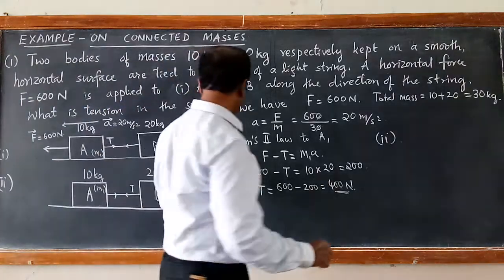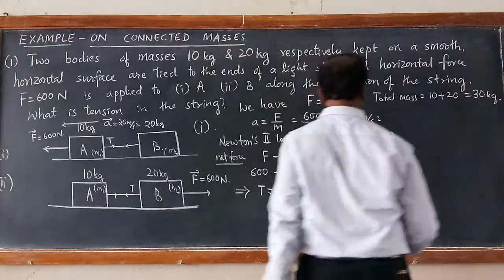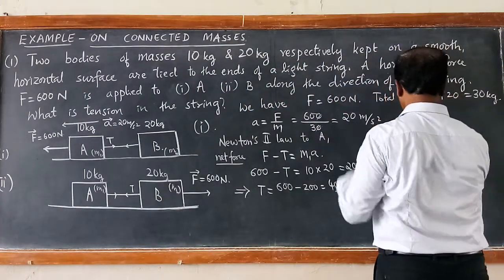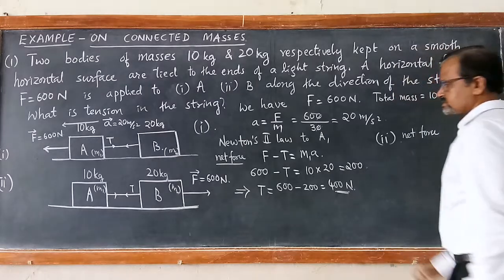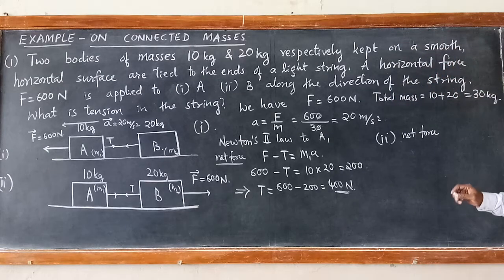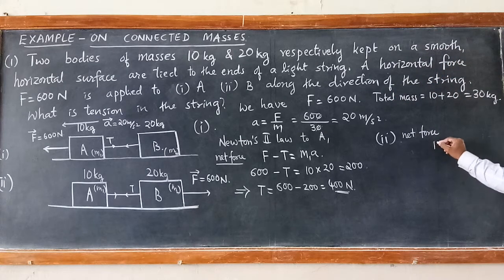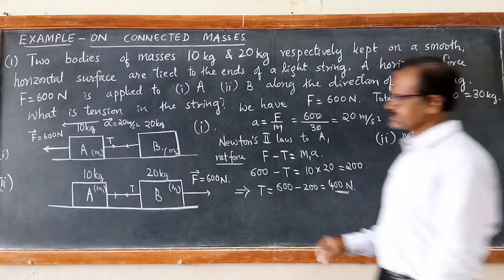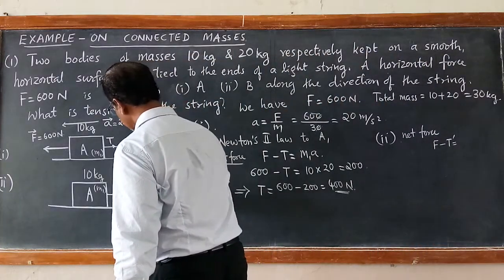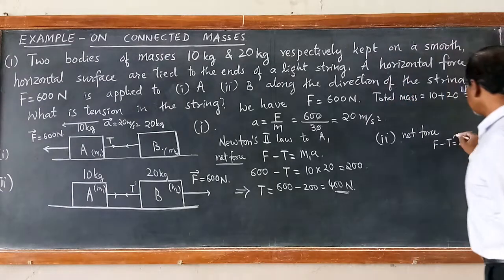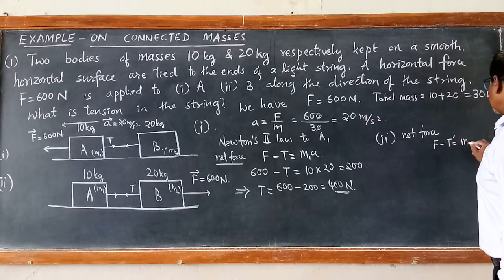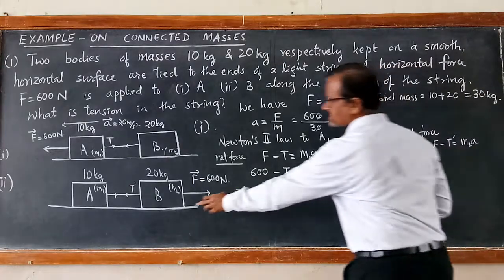Now let us write the equation for the second case. Net force using the second law: F minus T', taking this as a different tension T', is equal to m2 into A, because the mass of the second body is m2.